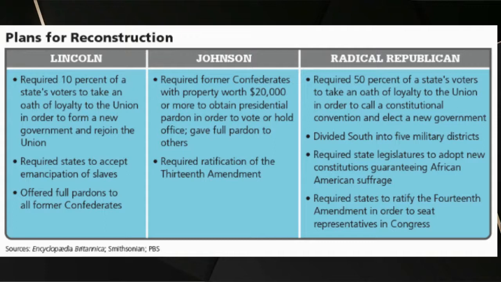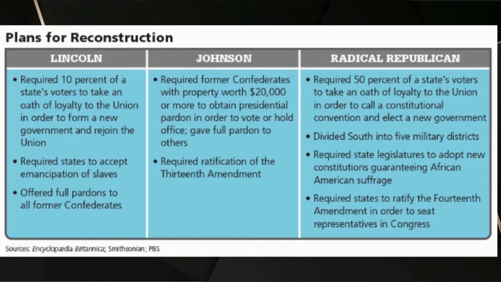Johnson's plan in the middle, he was Democrat. He did not like planters, those big plantation owners who had the economic, social, and political power. He did not like them, did not want them to come back into power, but still he was extremely lenient with what Reconstruction was and giving out pardons and letting the South come back into the Union rather easily.